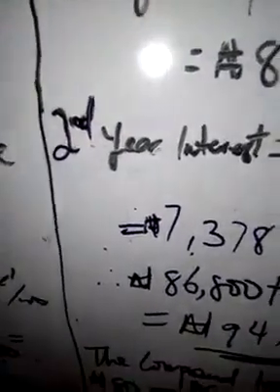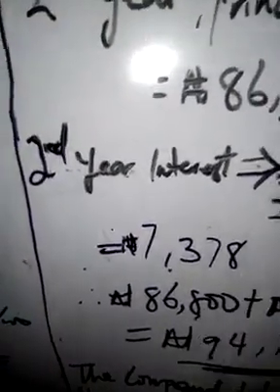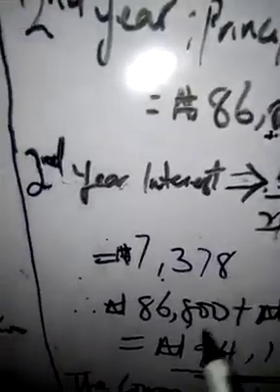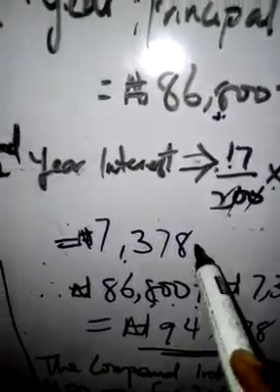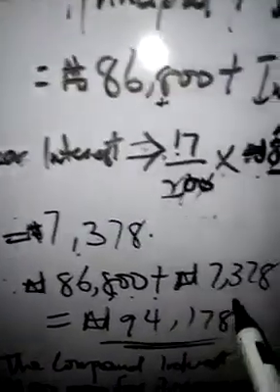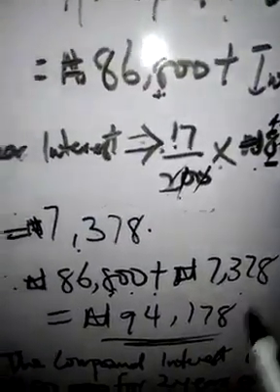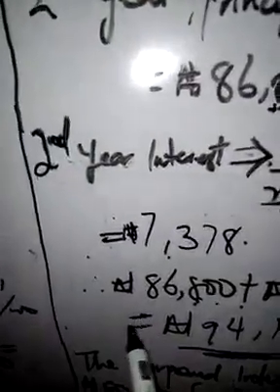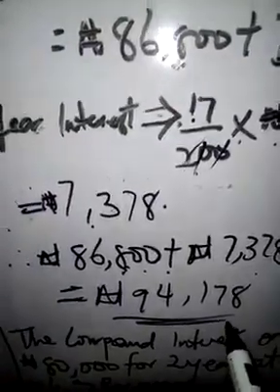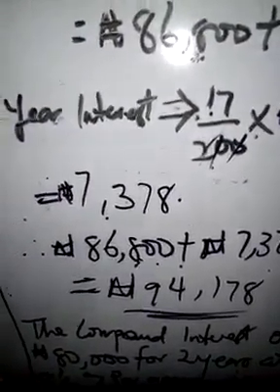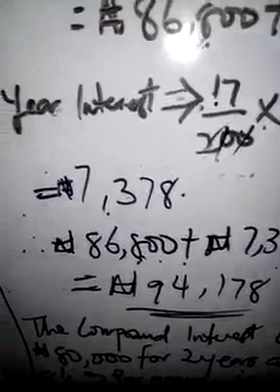So now add: the principal from the first year, 86,800, plus the interest that we got, 7,378. When you add it together, then you have 94,178 naira.